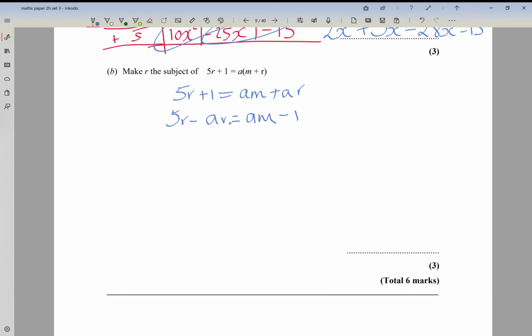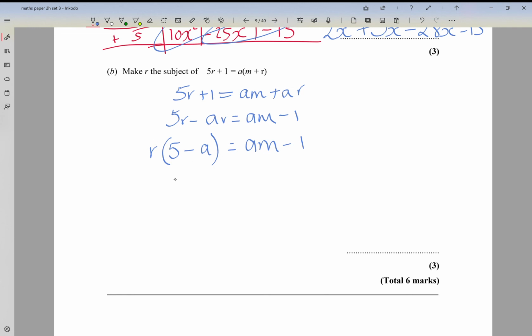And then here I've got R again, trapped within a 5 and trapped with a negative A. I have to factorise the R out to separate it. So the R comes out, I then divide 5R by R to get 5, and then minus AR divided by R is just minus A. So you can see now I'm left with R, it's out of these, but it's still on its own because it's now R times this lot as a batch.